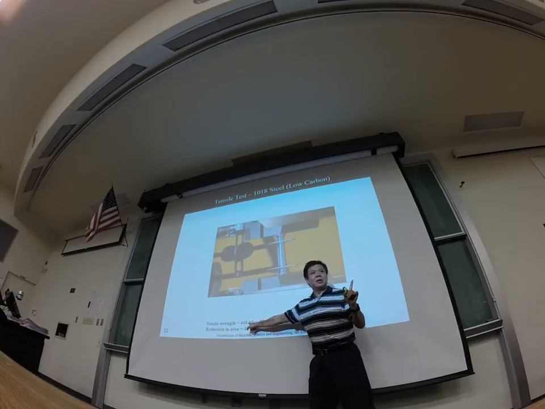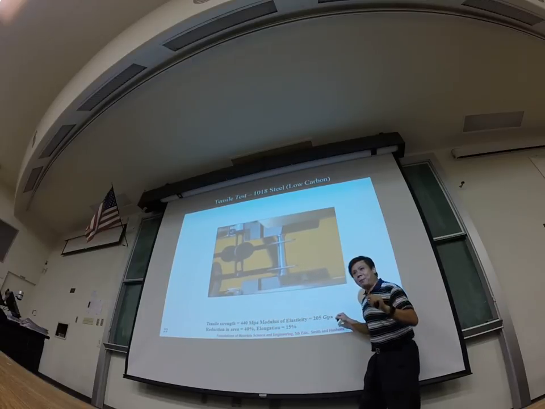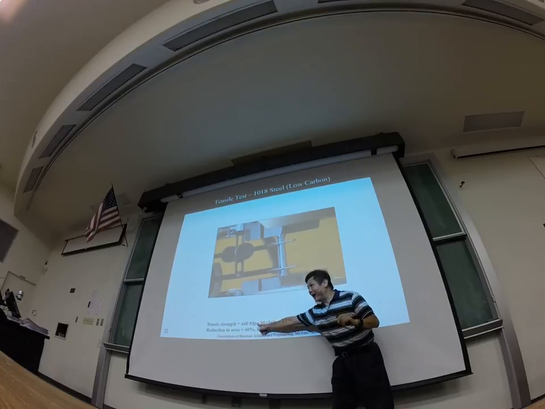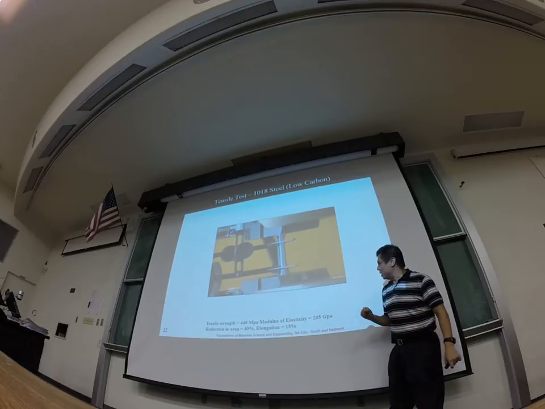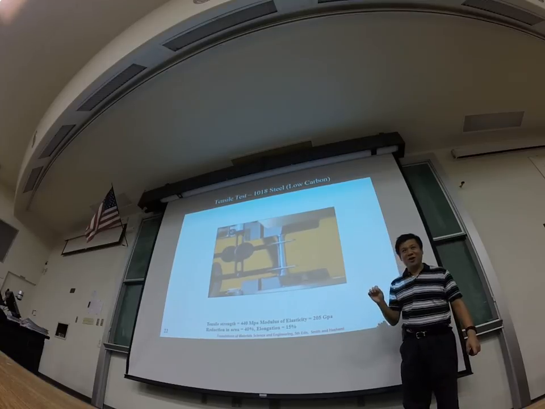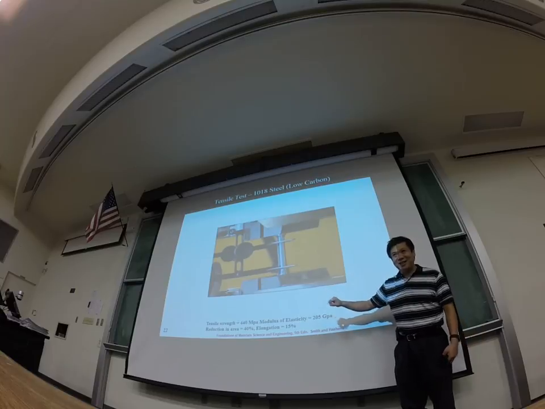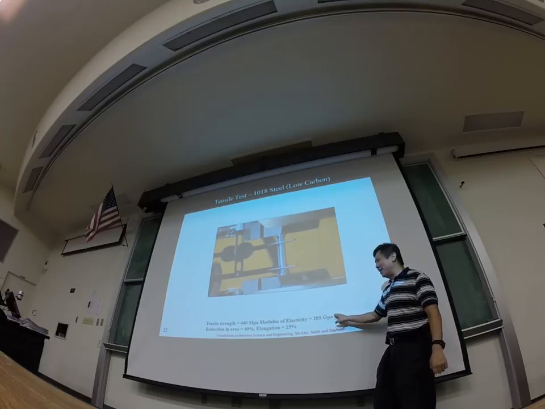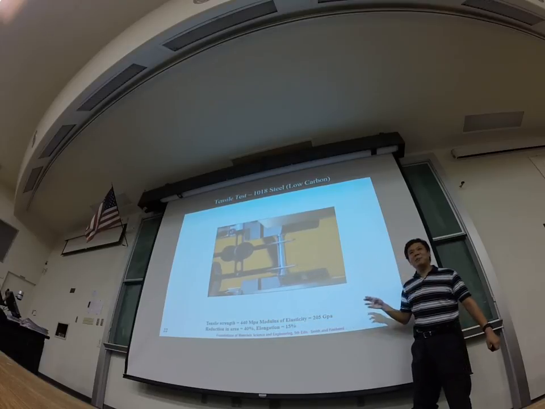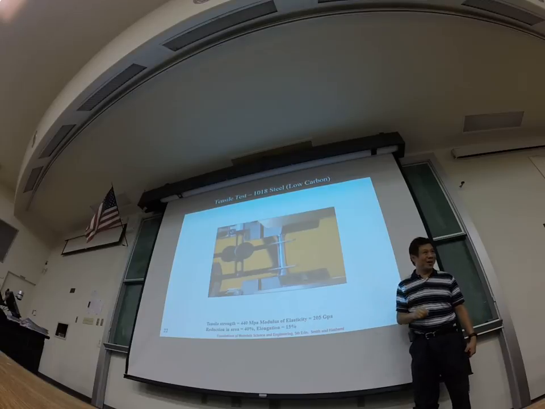Don't forget, 1 gigapascal equals how many megapascal? 1,000, right? So after the calculation, you should get about 0.002. Can you get that? This number divided by that one is about 2 times 10 to the power of -3. So you need to know how to do that, okay?